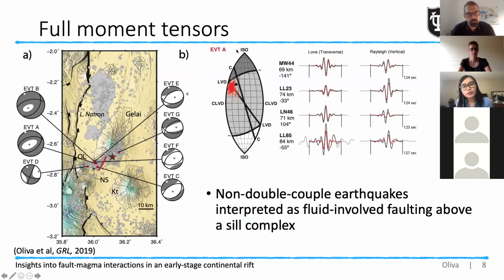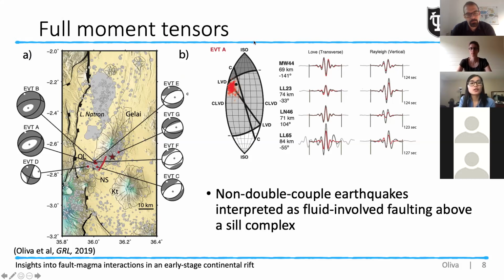And so I performed waveform modeling on the biggest earthquakes, greater than magnitude 3.5, as recorded by the local array to study the source mechanism, represented here by the beach balls. These moment tensors have different components, so they're full moment tensors. So not just double couple, which is pure shear sliding on a planar fault, which would plot here on a source type plot right here in the middle.